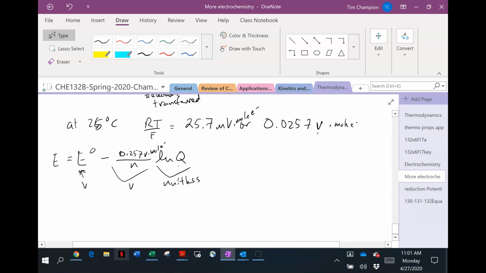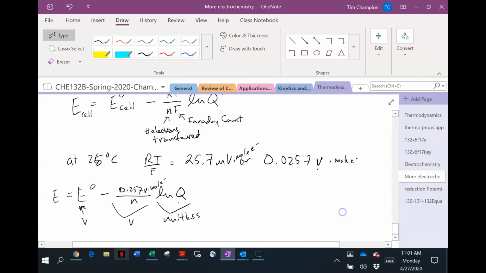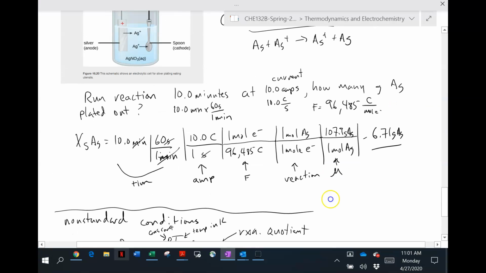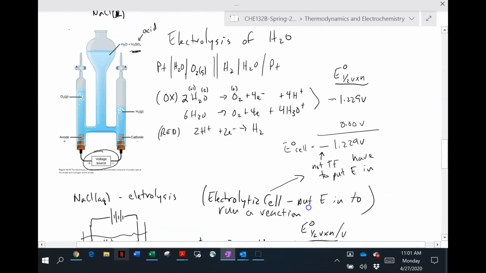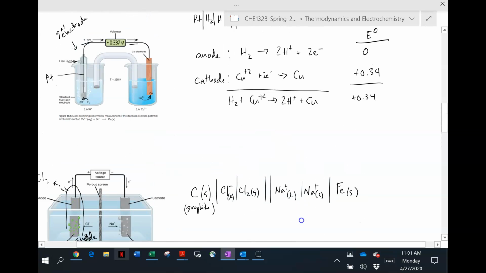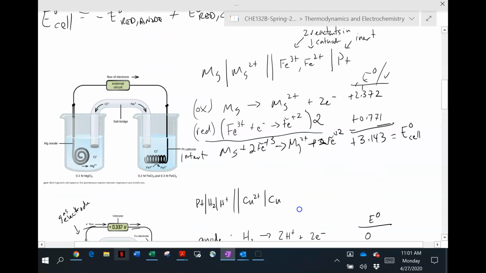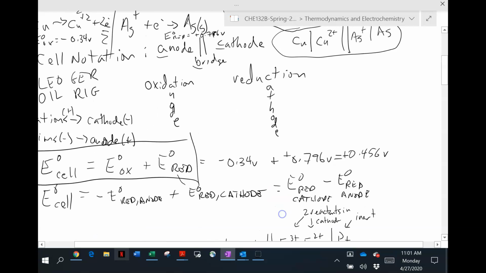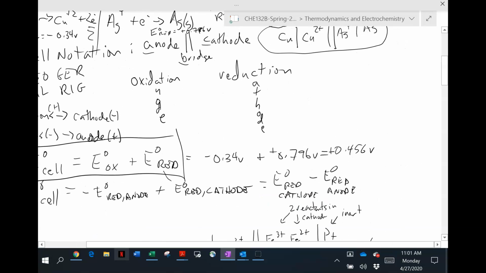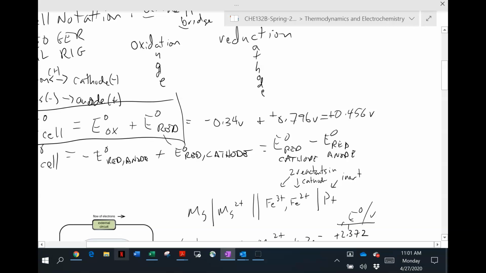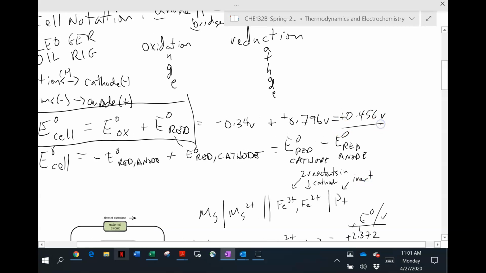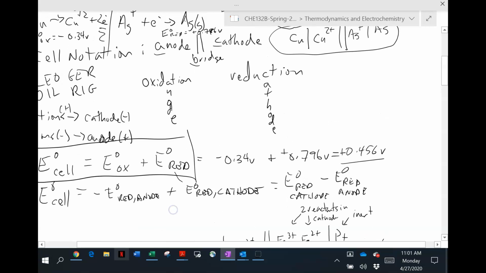So you can see cells, like let's go back and just steal one of the cells we talked about earlier today. So let's go up here and look at the first one we did. So up here, this copper-silver cell, we decided that the potential for the whole thing was positive 0.456 volts. That's our E naught.